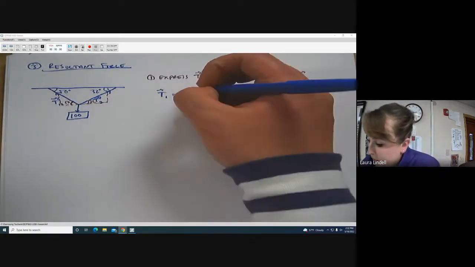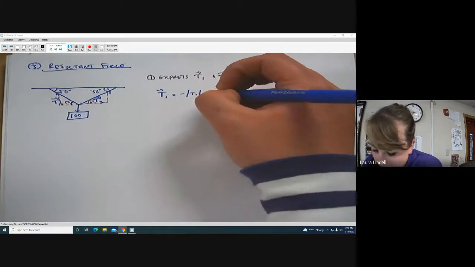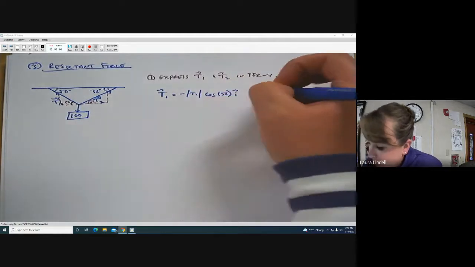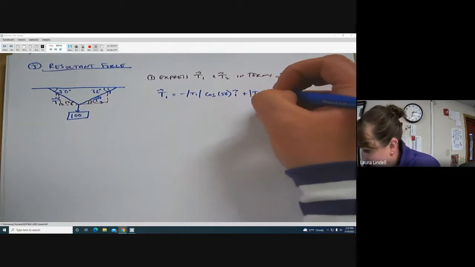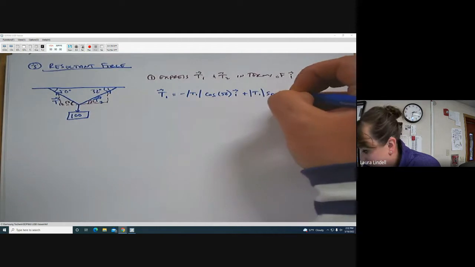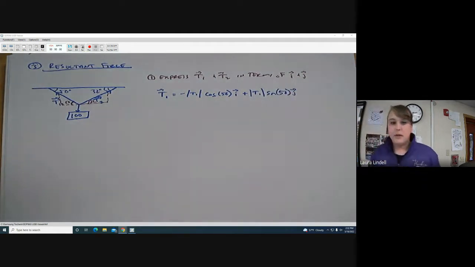So it's going to be negative magnitude of T1 cosine of 50 for the I component. And then the J component is going to be positive magnitude of T1 sine of 50 J.